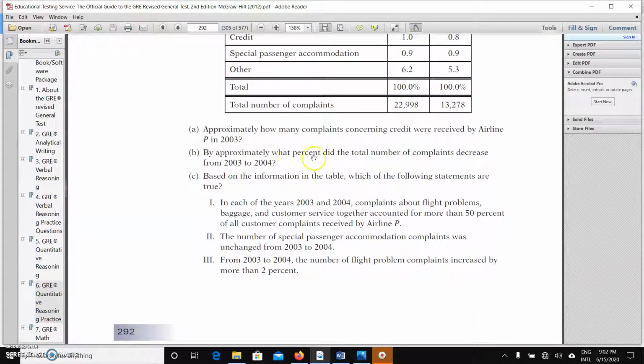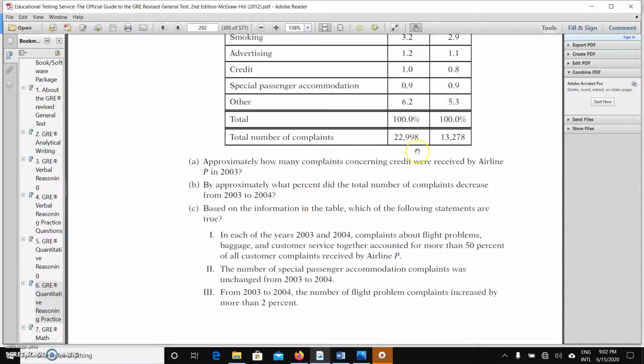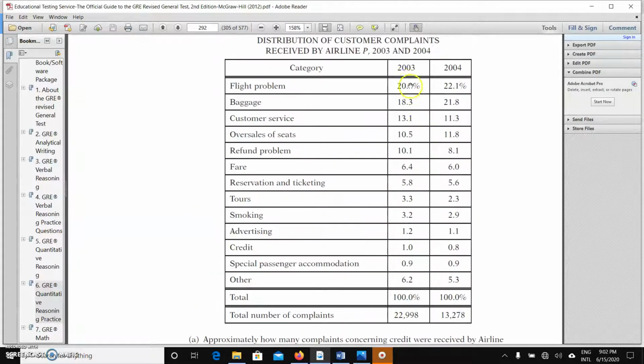By approximately what percentage did the total number of complaints decrease from 2003 to 2004? Now, this is the total number. This is in 2003, this is in 2004.